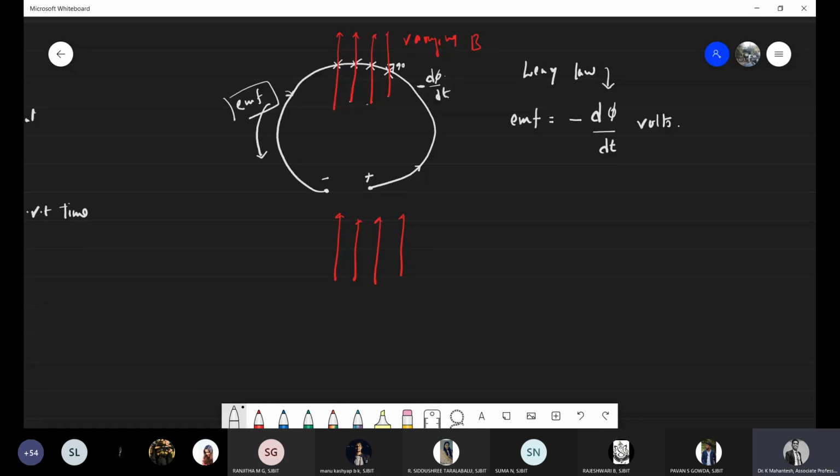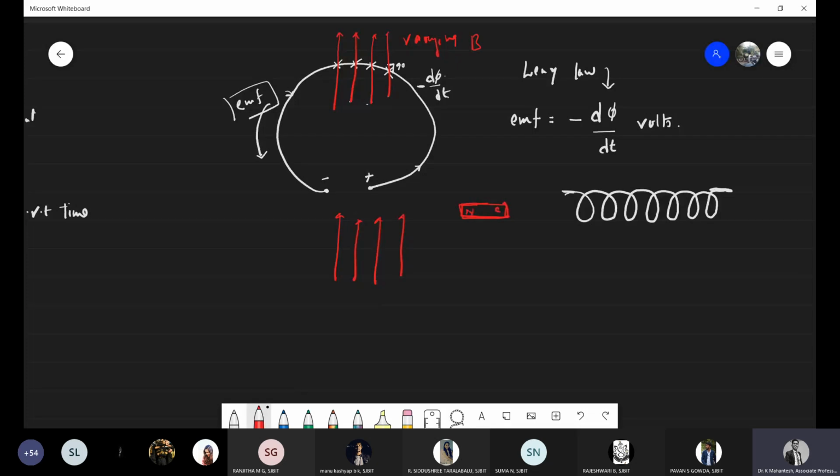Again, you have an empty coil, not carrying any conductor, be careful. And now if I have a permanent magnet here, I'm just trying to make you confirm this concept.